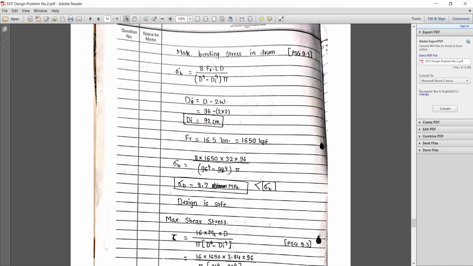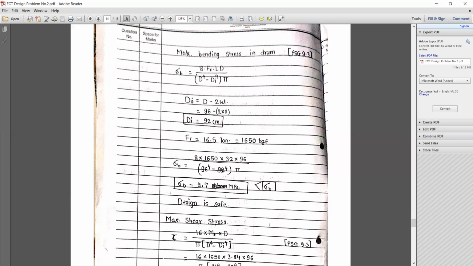Then we have to check whether the dimensions we have calculated can be sustained for bending stress. The maximum bending stress in a beam, the equation is given in page number 9.3. That is sigma b is equal to 8 into Fr into L into D divided by pi into (outer diameter raised to 4 minus internal diameter raised to 4).